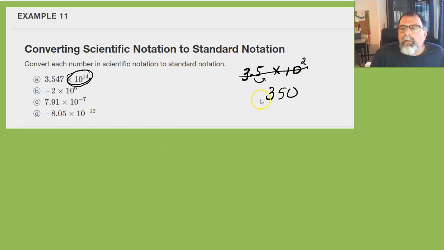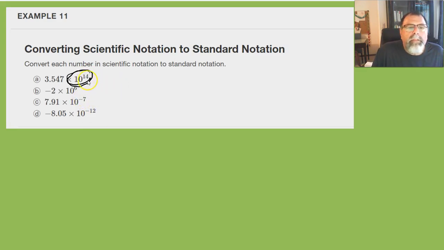So if it's moving to the right, it's getting bigger. This will be positive. If it's moving to the left, it's getting smaller. It would be negative.